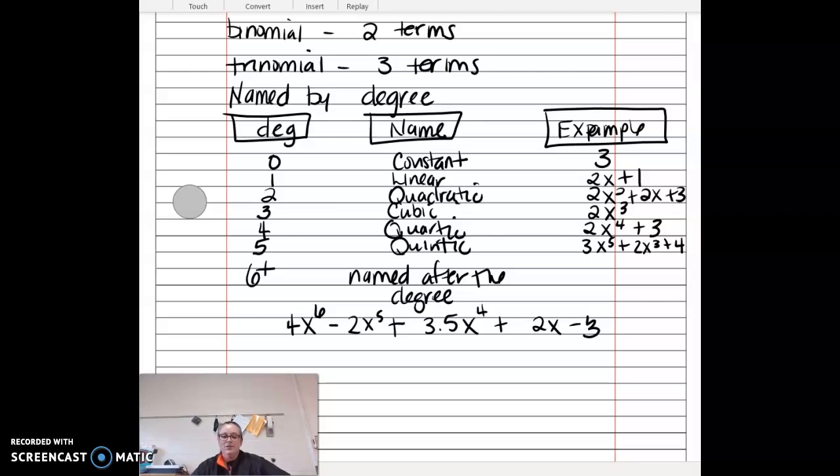All right, this has 1, 2, 3, 4, 5 terms. So there's no special name for 5 terms, but it is a 6th degree polynomial with 5 terms, where your leading coefficient is 4, your constant is negative 3.